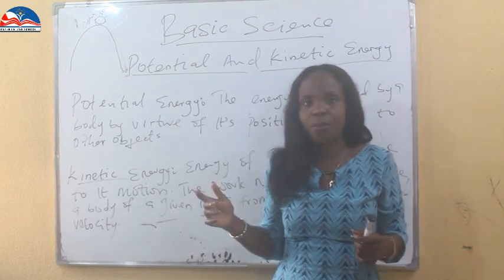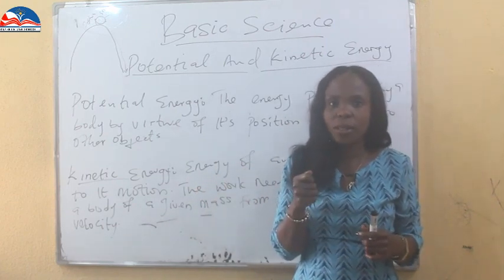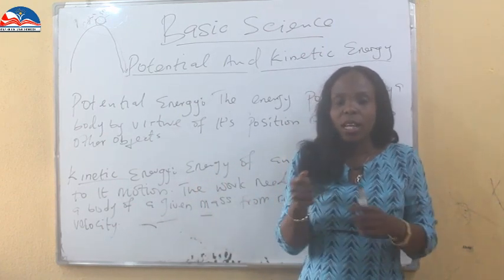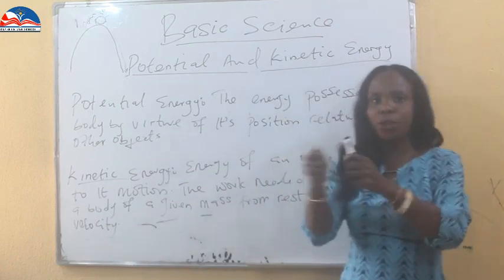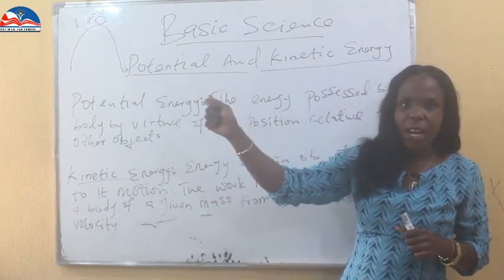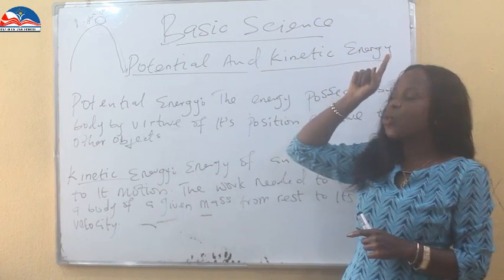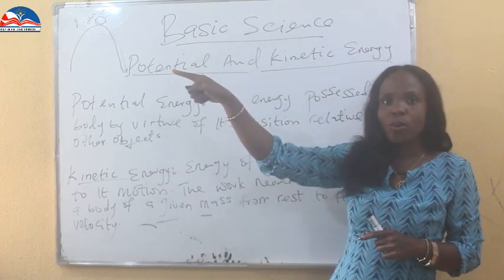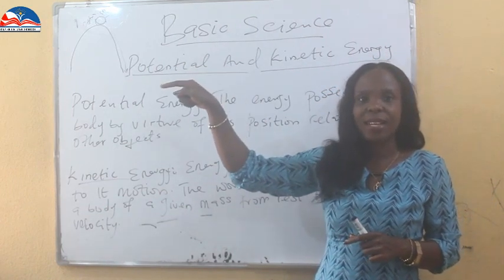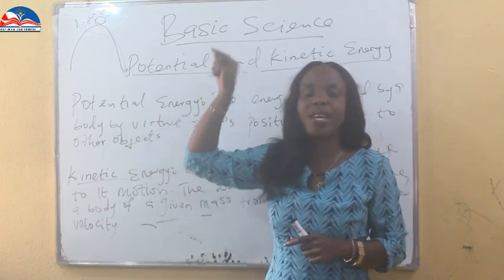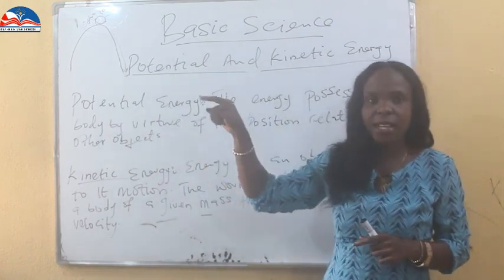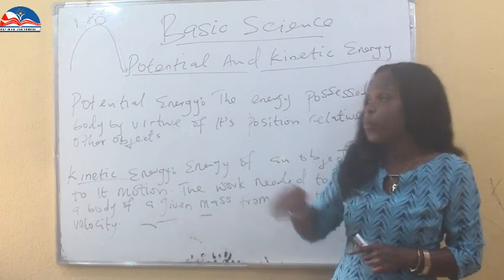Like, for example, a gun. If you pull the trigger, the bullet is going to go and hit the target. The energy it possesses to hit the target is a potential energy.